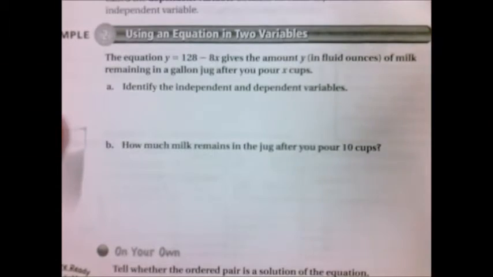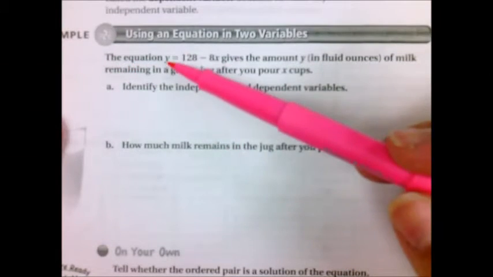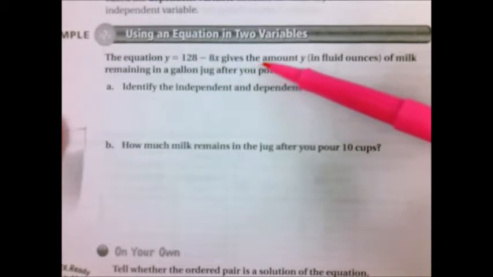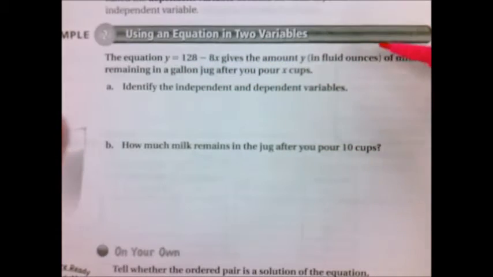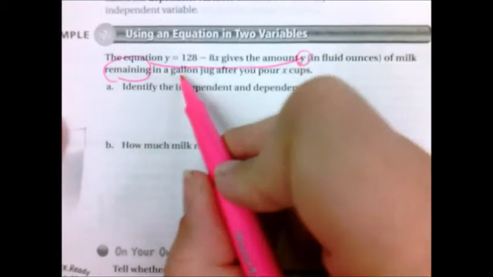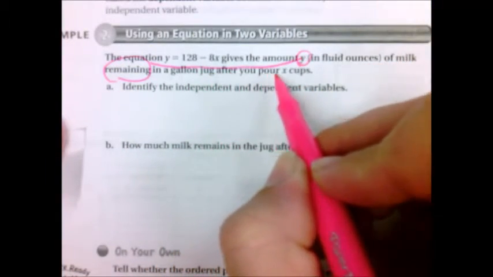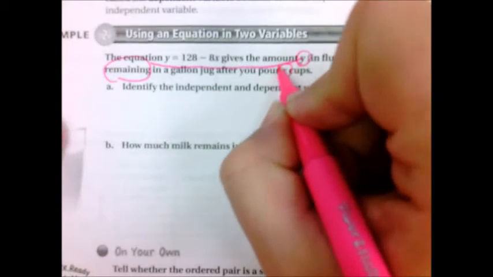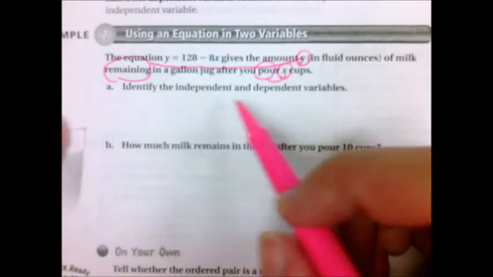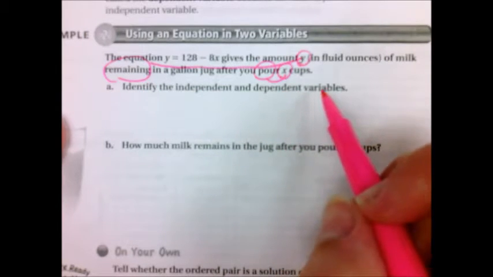In example 2, it says the equation y equals 128 minus 8x gives the amount y in fluid ounces of milk remaining. So y is the amount that's remaining, in a gallon jug after you pour x cups. So x is how much you pour. Identify the independent and dependent variables.